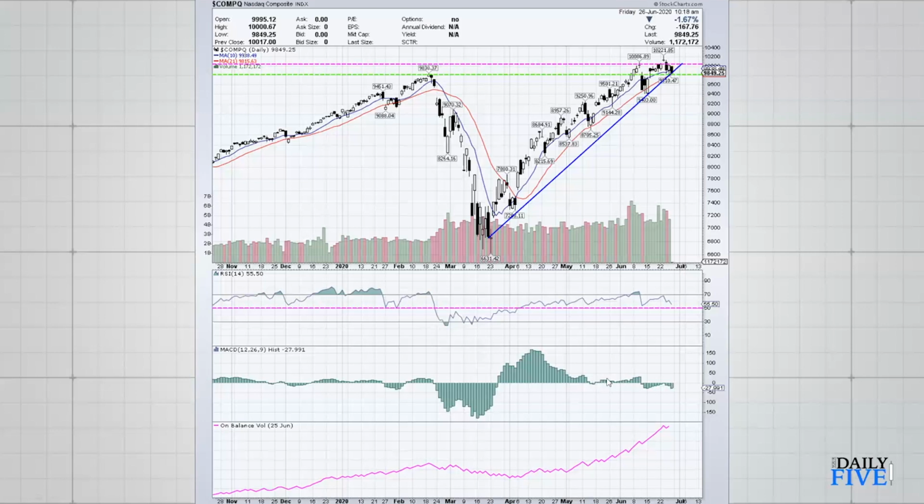The MACD made momentum highs back here in April, but since then it's really been going sideways and not showing much momentum. The on-balance volume, I'm watching carefully to see if this turns down. If we have new price highs and the on-balance volume continues, then I'll have to reassess the charts.